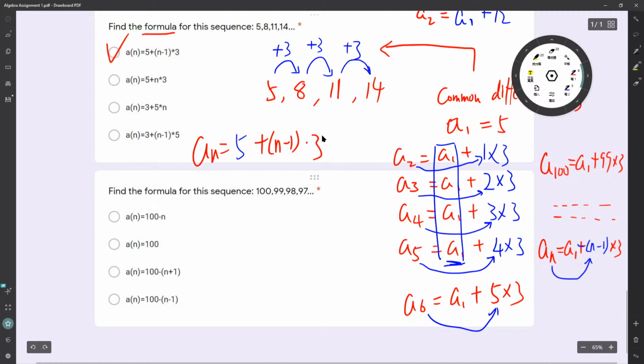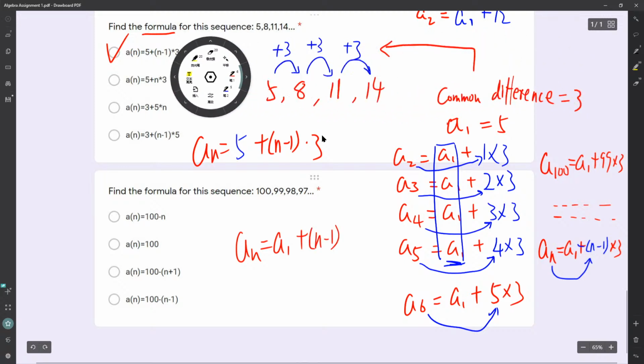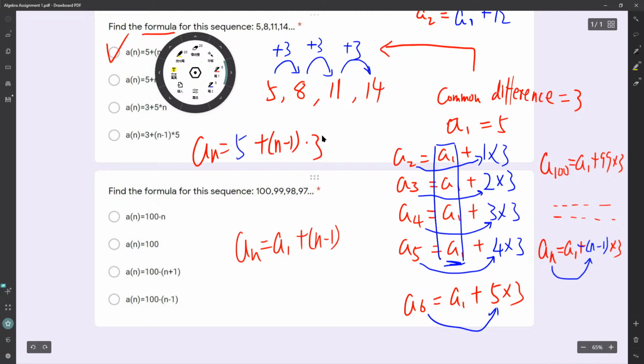And you can see the general formula, let's rewrite this. The general formula is AN equals A1 plus n subtract 1 times 3. The 3 is our common difference. So it's actually times the common difference.